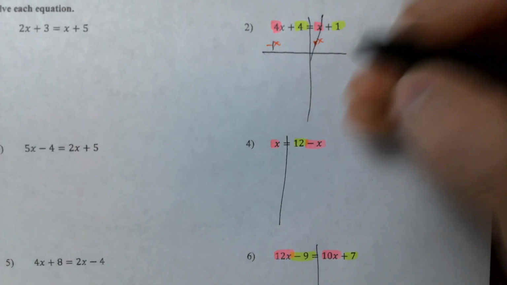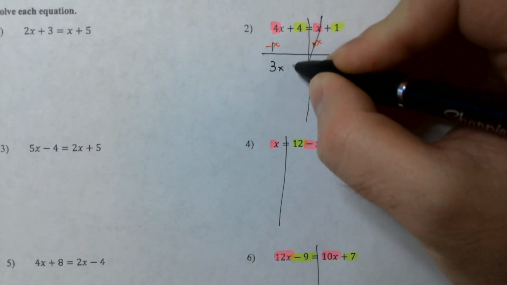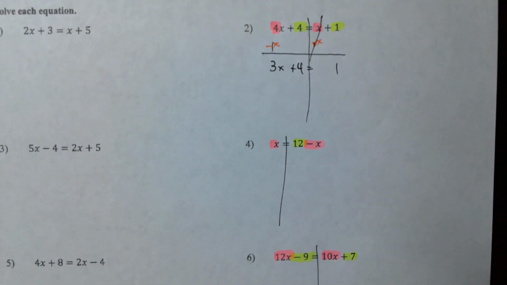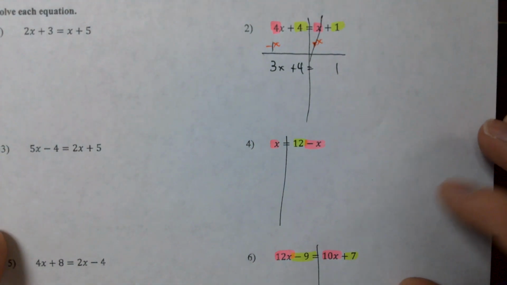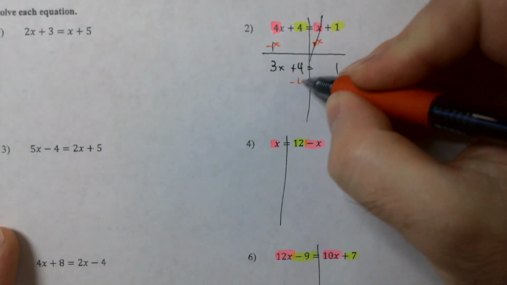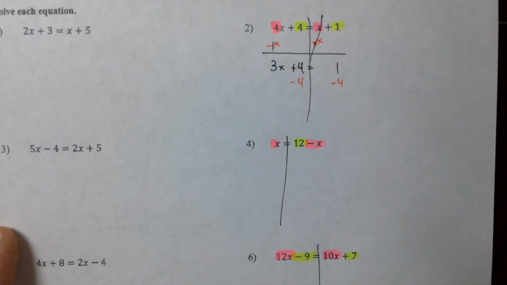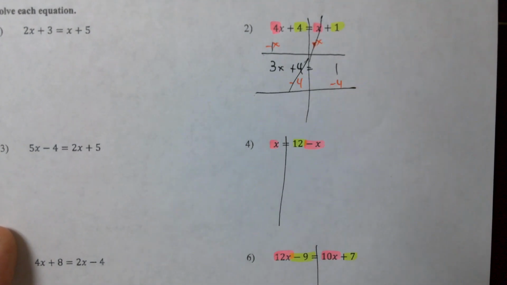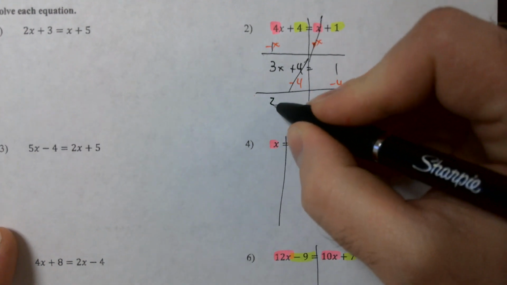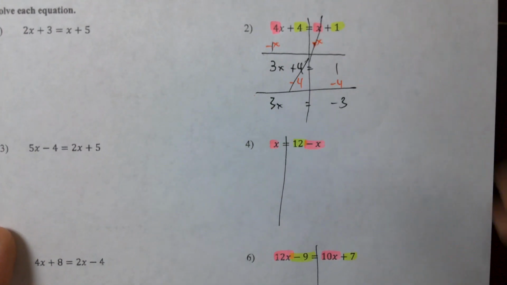It's a 1, right? So what do we get? 3x, good. Plus 4 equals 1. Now I'm going to minus the 4. Minus the 4. And I get 3x equals negative 3.